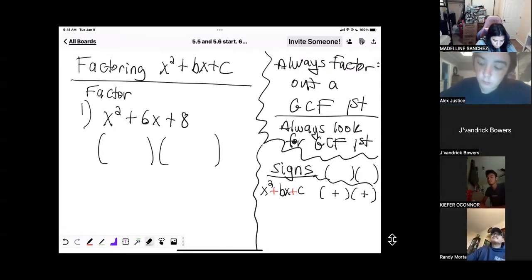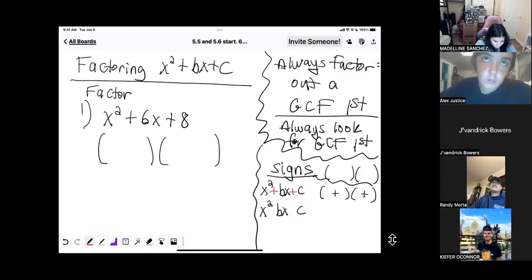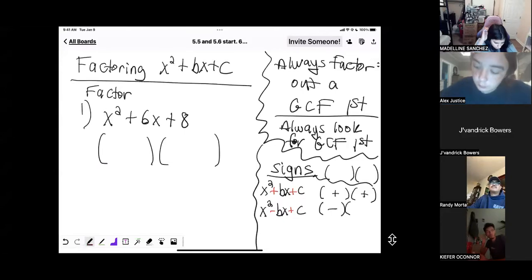If I have x squared minus bx plus c, let me put that in color too. Minus plus. When you factor, it will be minus minus.